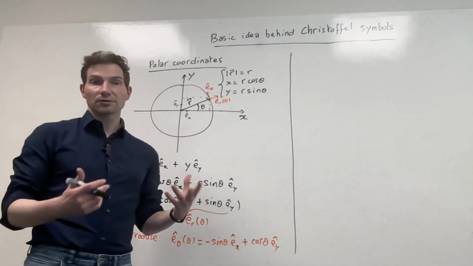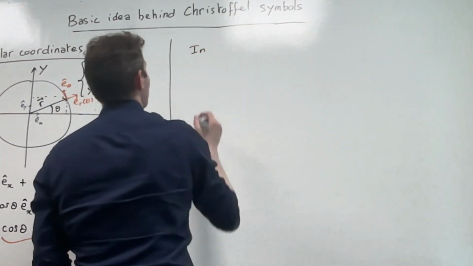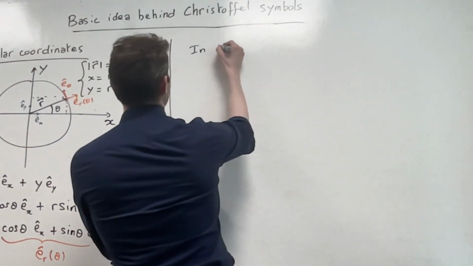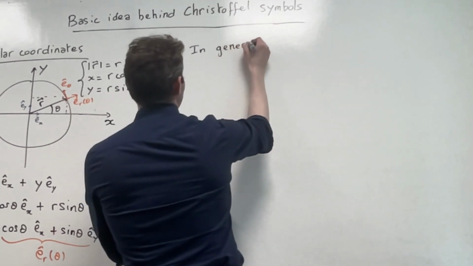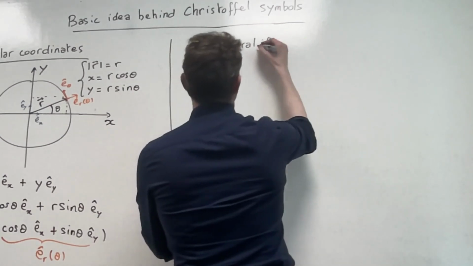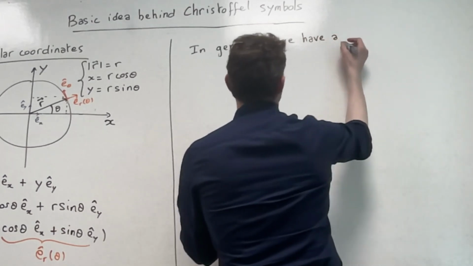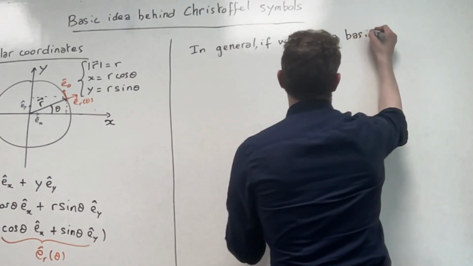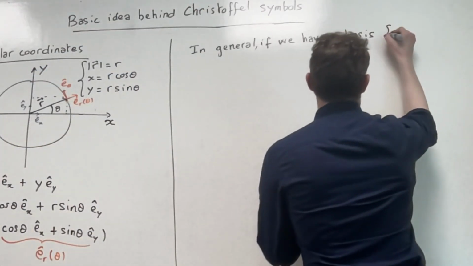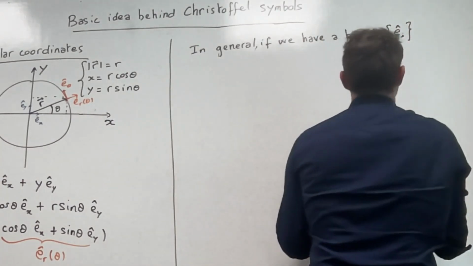Now what I can say is the following. In general, and that's basically where I'm coming with my definitions of Christoffel symbols, if we have a basis, and the basis here I'm going to call it, let's say it's a set of vectors that I'm going to call EI, like so.